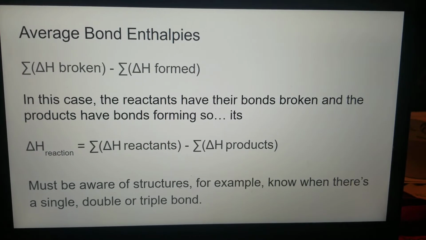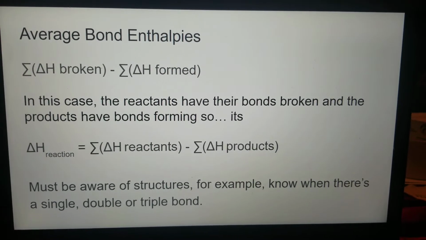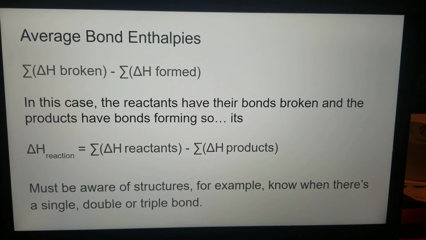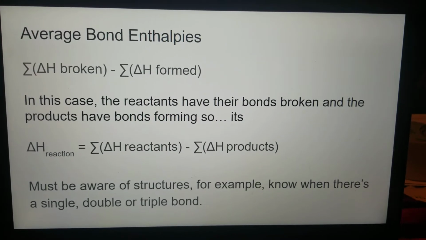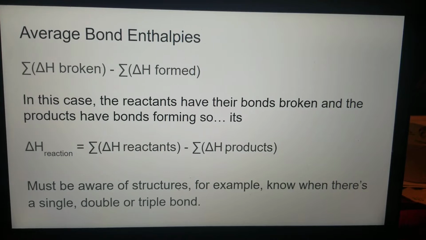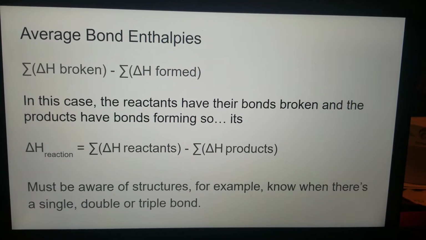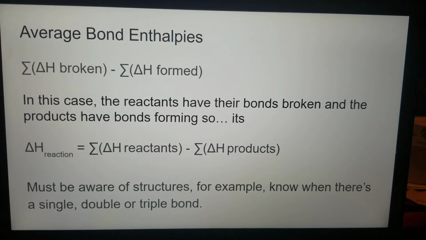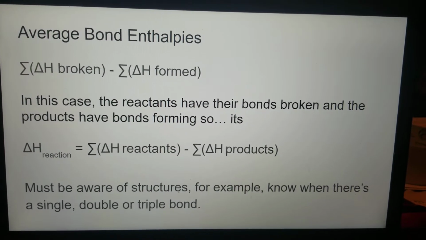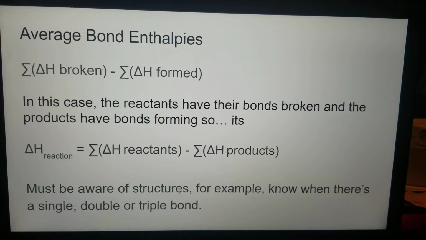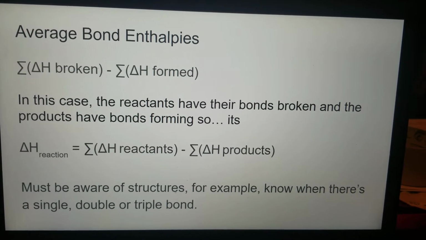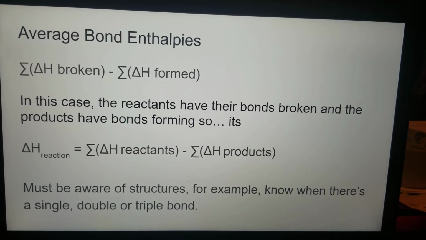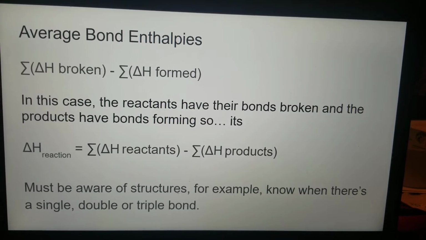So in this one, it's a little different because you are doing the sum of the delta H's of the bonds that are broken minus the sum of the delta H values of the bonds that are formed. And so since reactants are the ones that break their bonds, right? Because they have to break their bonds before the atoms move around, rearrange, and then form new products.